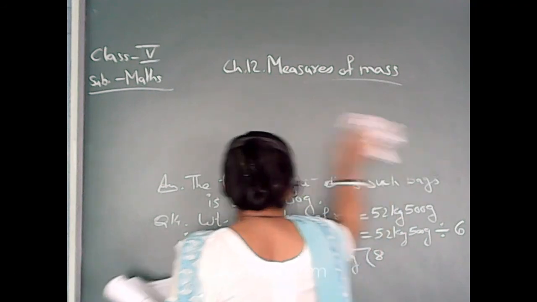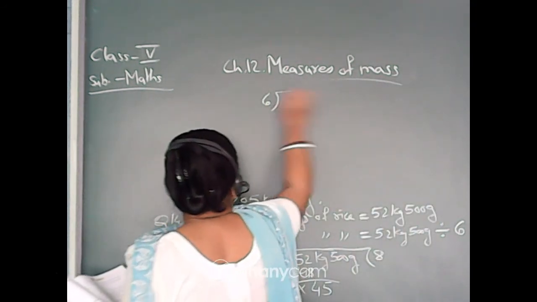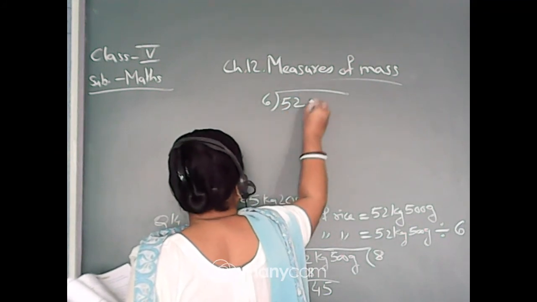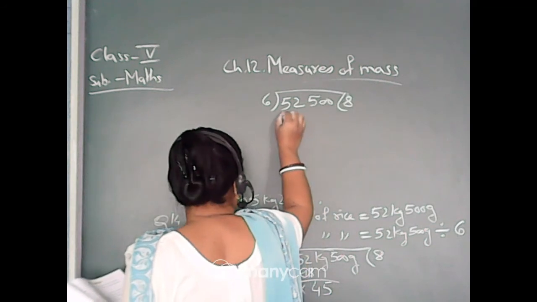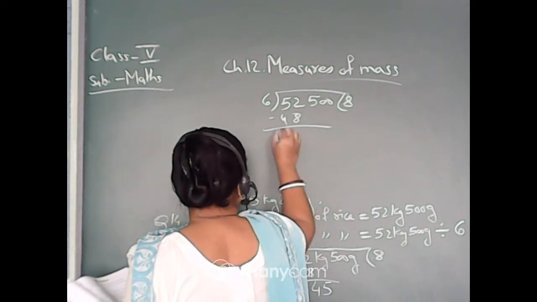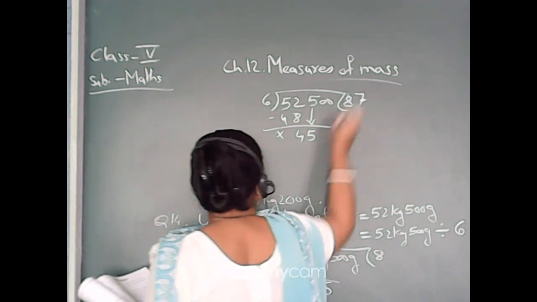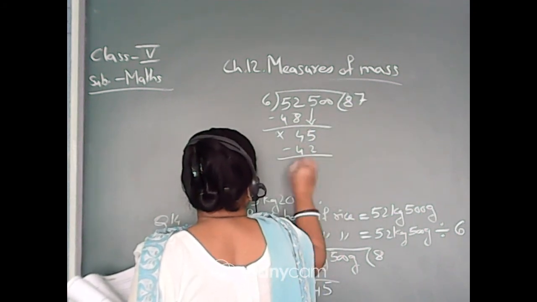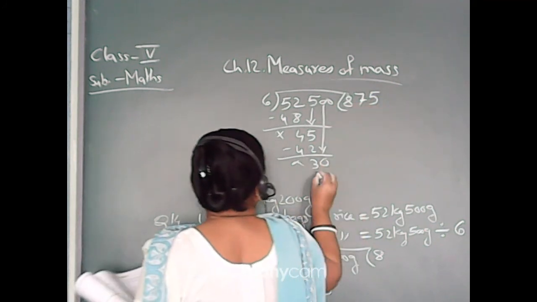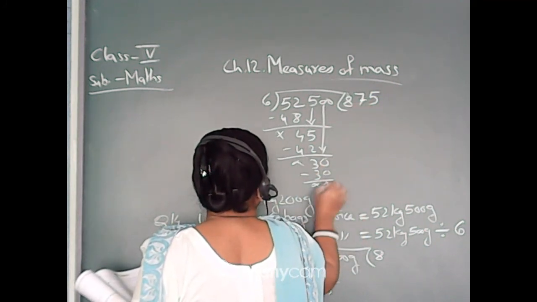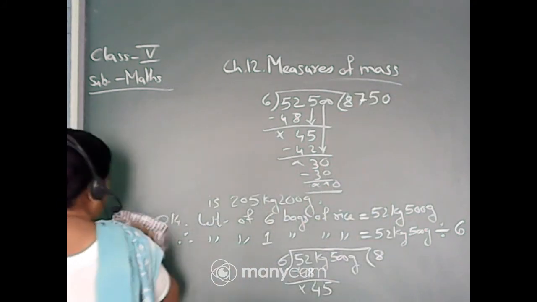Okay. 6 outside, 52 and 500 inside. So 6 eights are 48. Subtraction, we have got 4. This 5 will come down. Now 6 sevens are 42. Subtraction 3. Now this 0 will come down. 6 fives are 30, isn't it? So 0 is left. This 0 will go on the top.